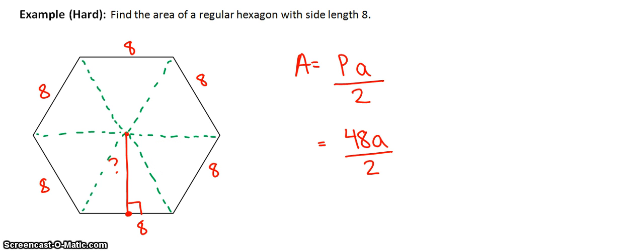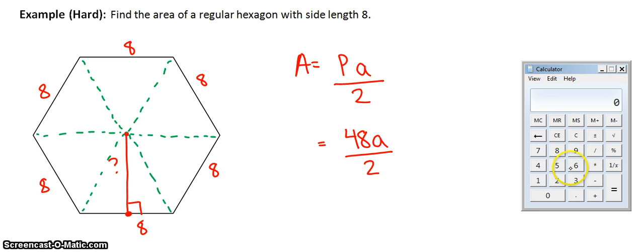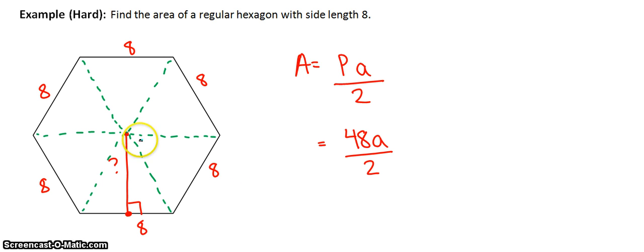What kind of right triangle, though? Well, if this is a regular hexagon, we know that all the angles around the center need to add to 360, and there are 6 angles. So if I do 360 divided by 6, that means each angle here needs to be 60 degrees. So what kind of triangle is this? Well, if I know that this is a regular hexagon, I also know that all of these side lengths have to be the same.